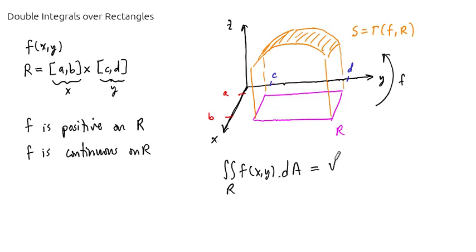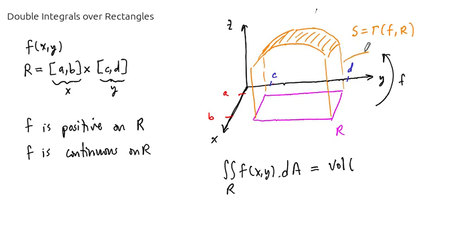This is going to be equal to the volume of this three-dimensional solid region that we've kind of filled in here by drawing the 1, 2, 3, 4, 5 rectangular sides, and then the sixth side is kind of capped off by the surface itself.